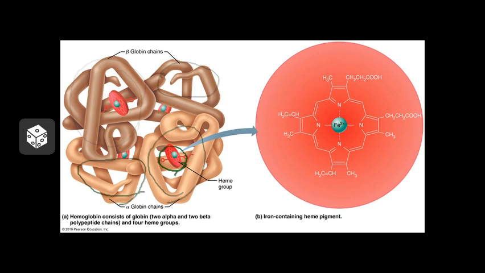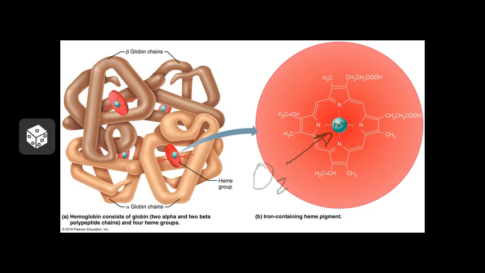So that's where it gets its name, hemoglobin. Now, the heme group is shown to you here. This is a pigment molecule that has an iron ion in the middle. It is that iron ion that oxygen just has the hots for. Oxygen binds to the iron in the heme group.